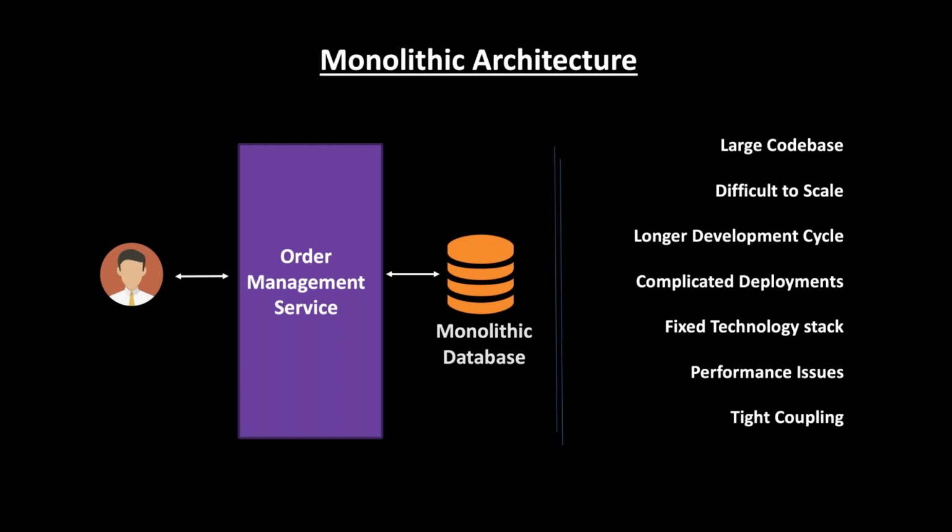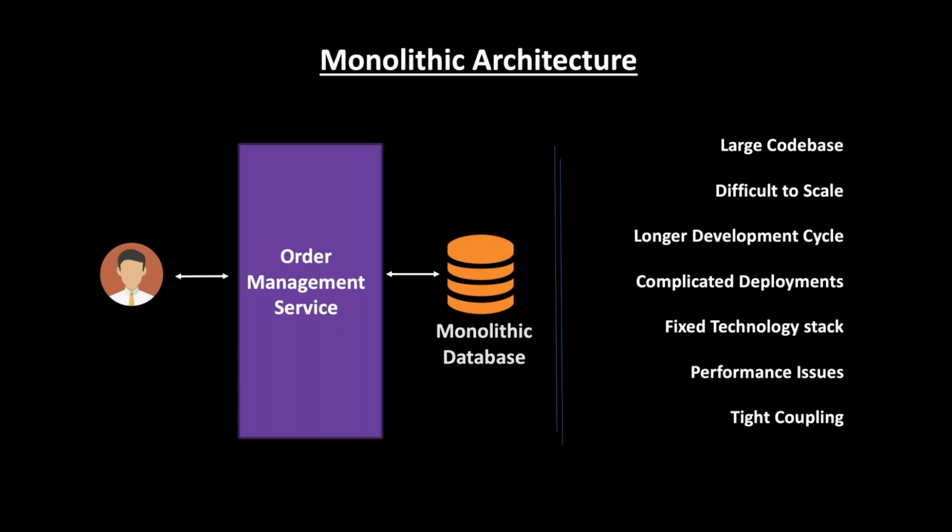And again, if you have multiple teams working on such one monolithic component, you will have a longer development cycle, right? Because there'll be a lot of changes coming in. You need to do a lot of coordination between teams, and then you need to have a big bang release once a month or 3 weeks or once a quarter. That is one of the biggest challenges with such monolithic applications.